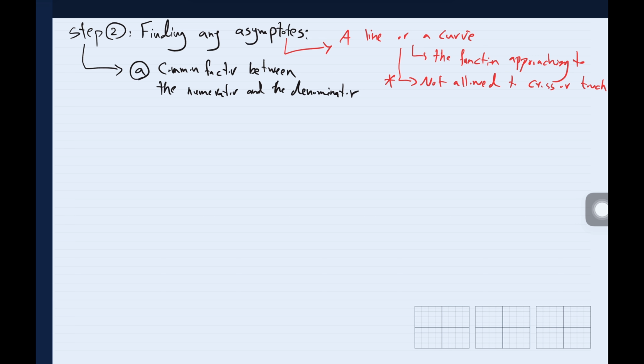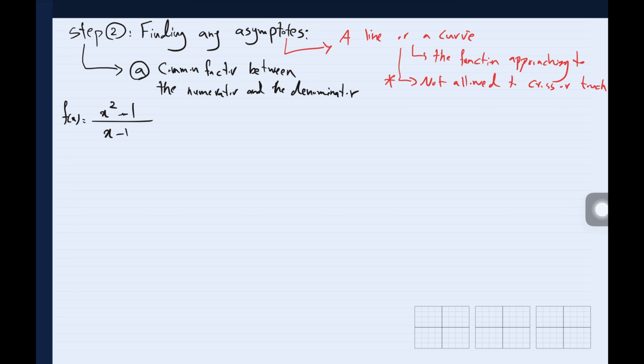For example, if I have f of x equals x squared minus 1 divided by x minus 1. As soon as I look at any rational function, I have to check this, step 2 part A, first before I do anything else.